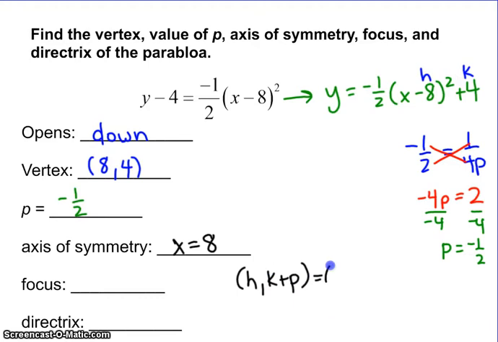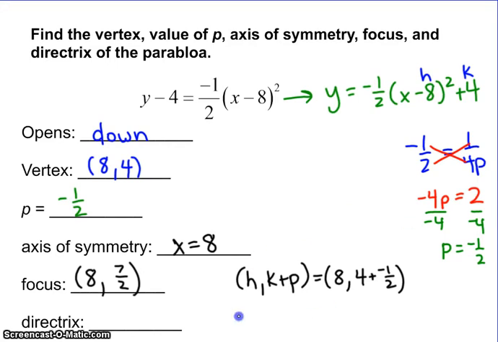We know h is 8, we know k is 4, and we know p is -1/2. So the 8 will stay the same, and 4 plus a -1/2 will be 7/2. And let's leave that in fraction form. 3.5 is fine, but I prefer things in the fraction form. So this is the work right here for how to find the focus.